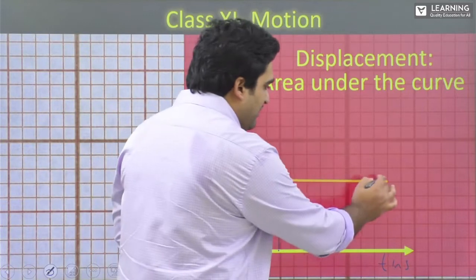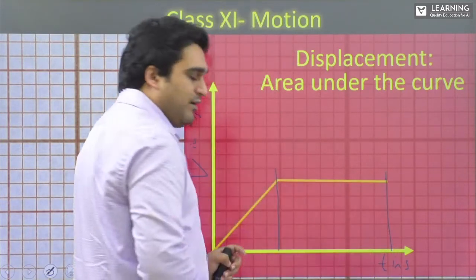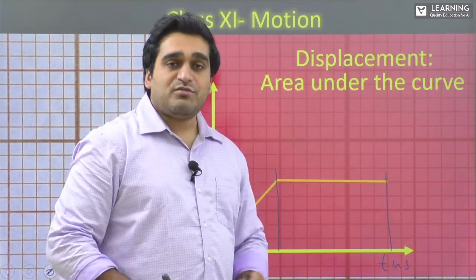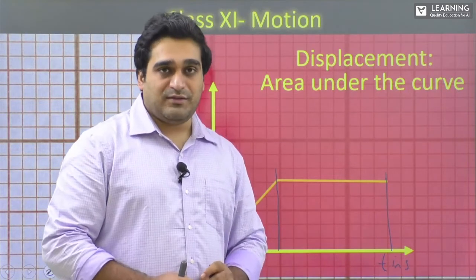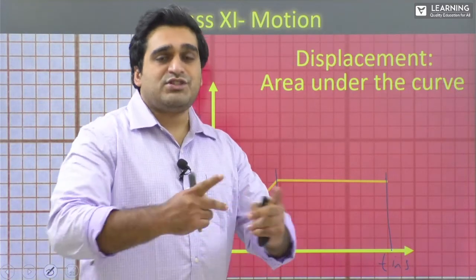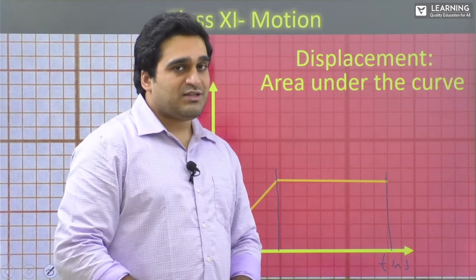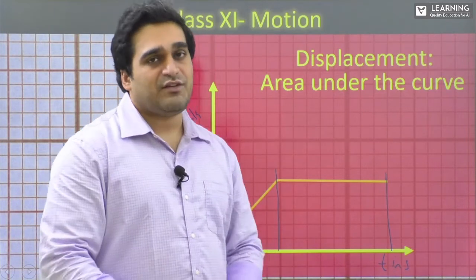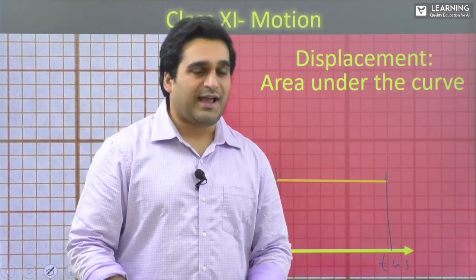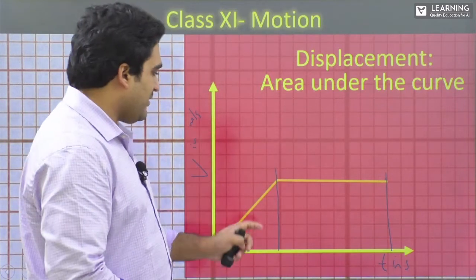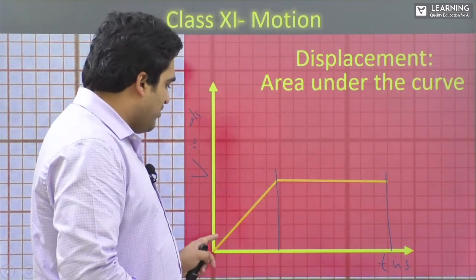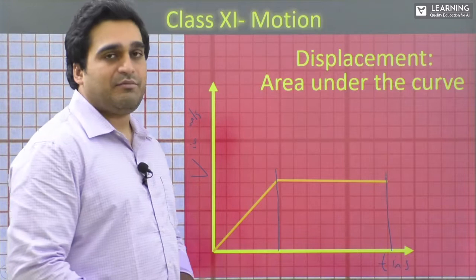But from here to here, the object is moving at a constant velocity, so there is no change in velocity. If there's no change in velocity, then there is no acceleration. So there's acceleration only up to this point.